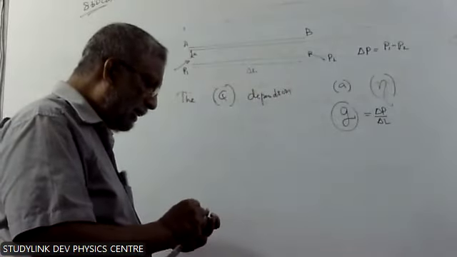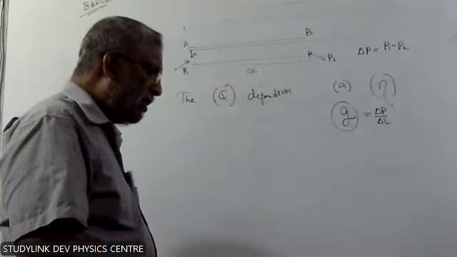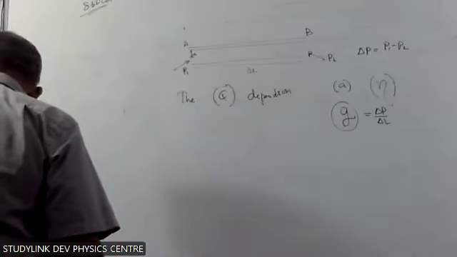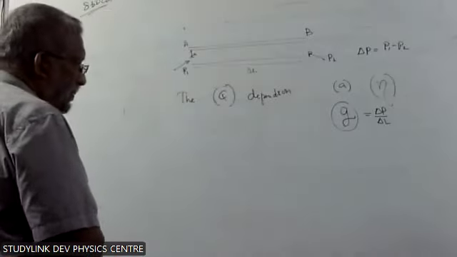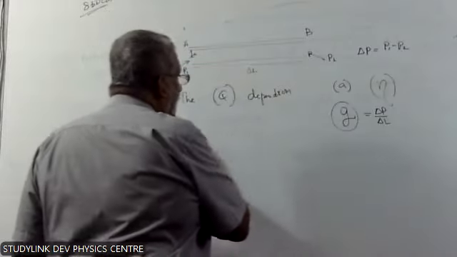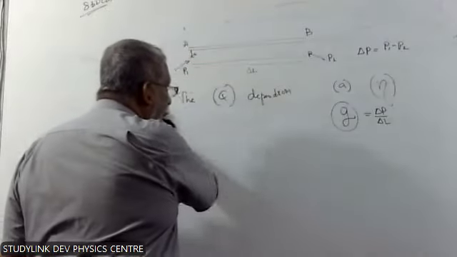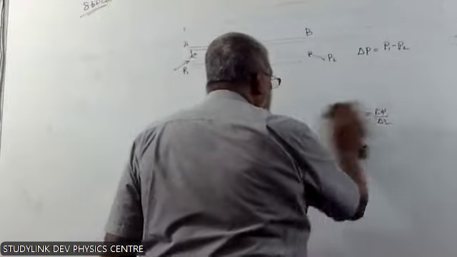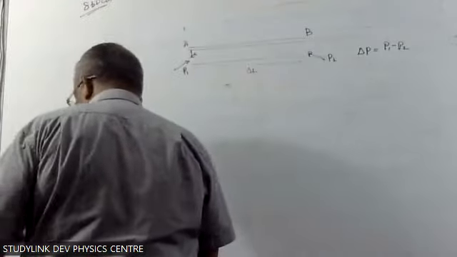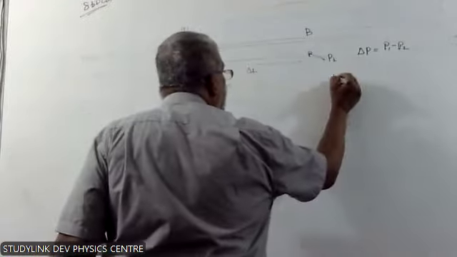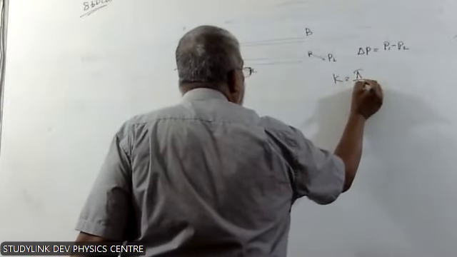Using dimensional analysis, we can derive the needed equation, and the constant K is equal to pi by 8.